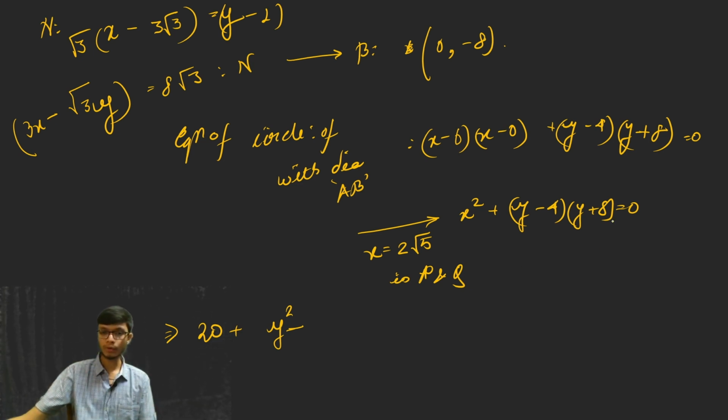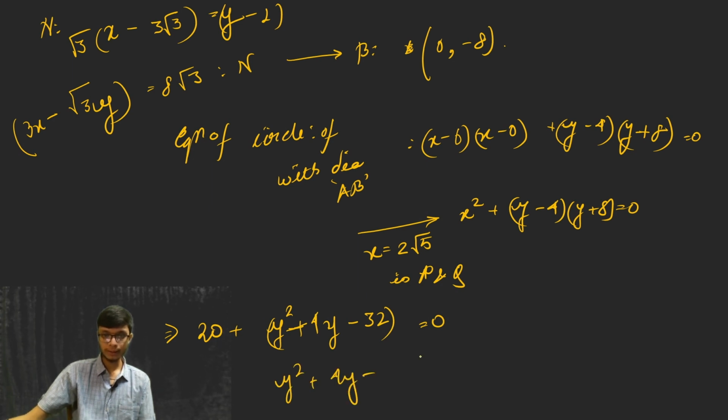One root is 4 and one root is minus 8, so the sum of the roots will be minus 4, that is plus 4y, and the product of the roots is minus 32. So you get the equation y square plus 4y minus 16 equal to 0.